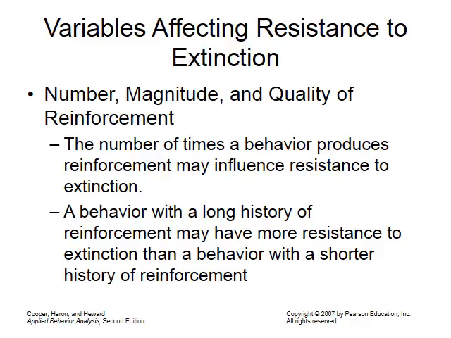Another variable that can affect resistance to extinction is the number, the magnitude, and the quality of past reinforcement. So the number of times a behavior has produced reinforcement may influence resistance to extinction. So typically behavior with a longer history of reinforcement may have more resistance to extinction than a behavior with a shorter history of reinforcement.